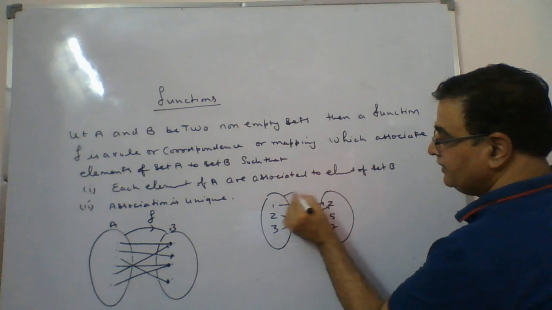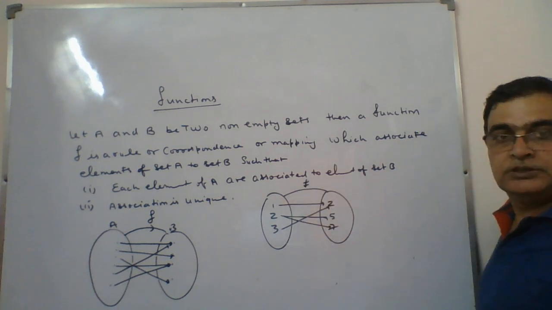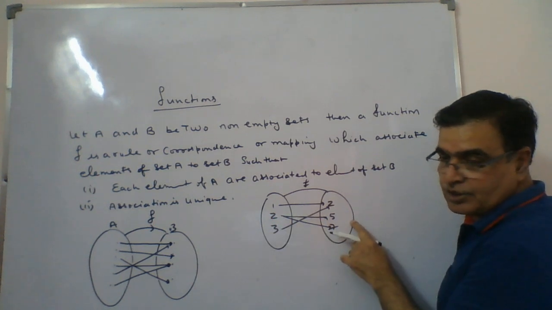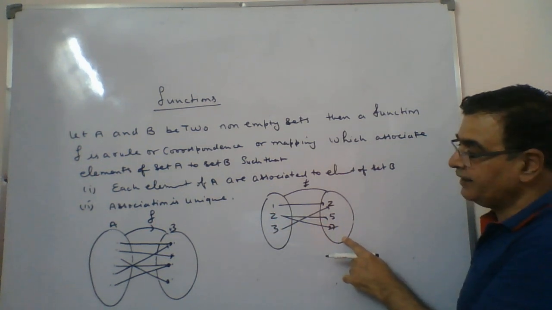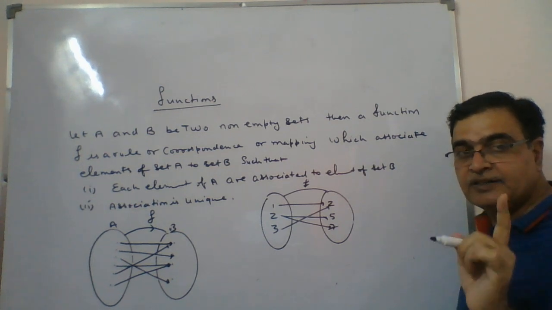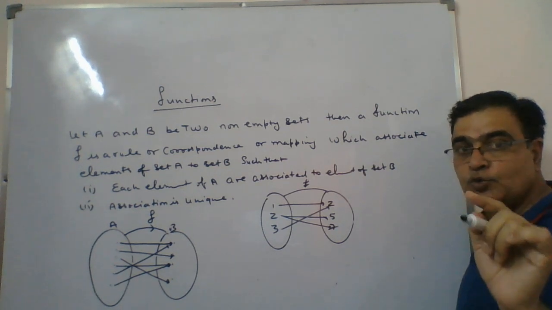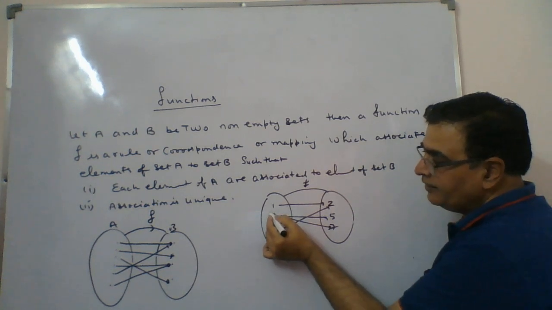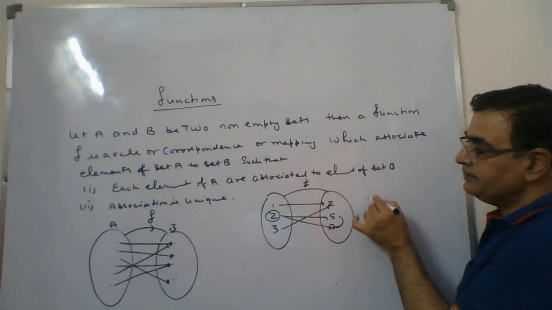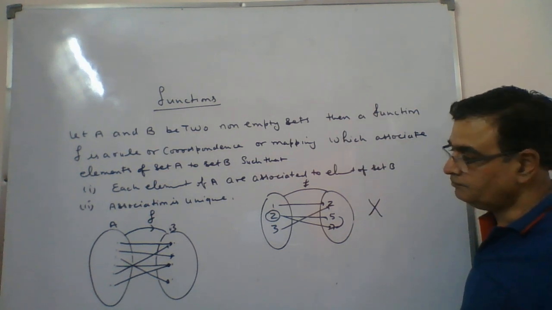Then my question is, is it a function or not? Just check. This has association this side, this has association this side, this has association this side. But the problem is, the association is compulsory, but at the same time that association must be unique also. Here you will find this 2 has association with 2 elements. That means it cannot be a function.